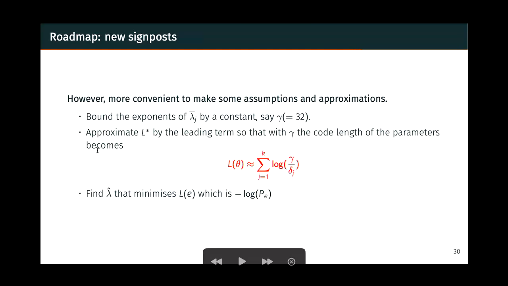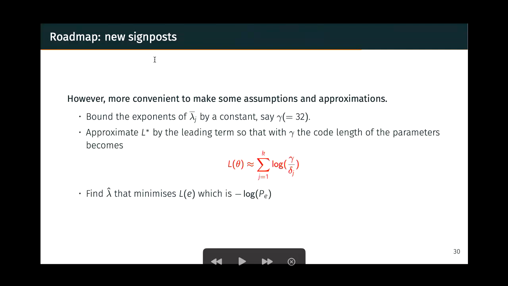So L of theta, the parameters, is just going to be the sum of the logs of the uncertainties, the deltas of each of those parameters, and some cost, lambda, which we're going to associate with, hey, we want to specify the parameters to some fixed cost. Remember, this came out of the L star expression for floating point numbers, where you had the sequence of bits and the 2 to the negative m, the mantissa part of that.